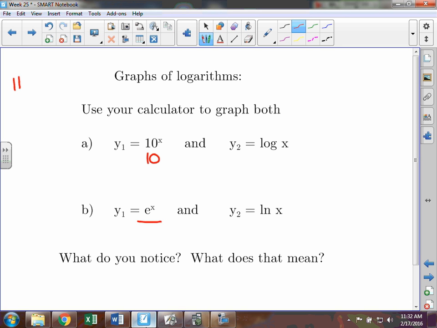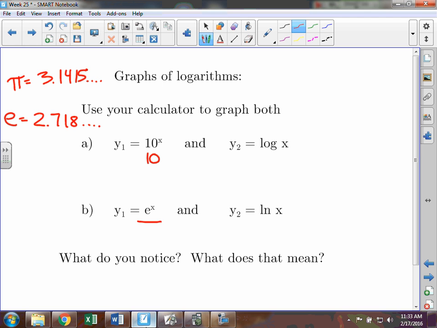Many people are familiar with the number pi, 3.141592, blah, blah, blah, where it keeps going. E is another number. It's approximately 2.718, blah, blah, blah, and it does keep going like pi keeps going.